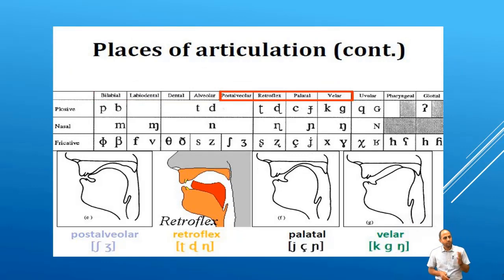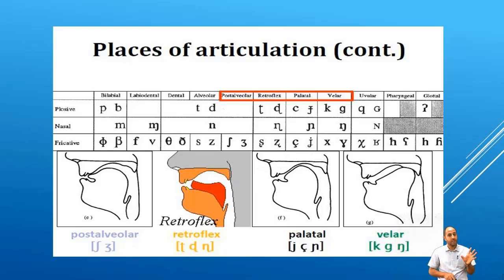Now, if we go more backward in the oral cavity, we will have four regions: post-alveolar, like sh and j, retroflex, like t, d, and n, palatal, like na, and velar, for example, k, g, and n consonants.